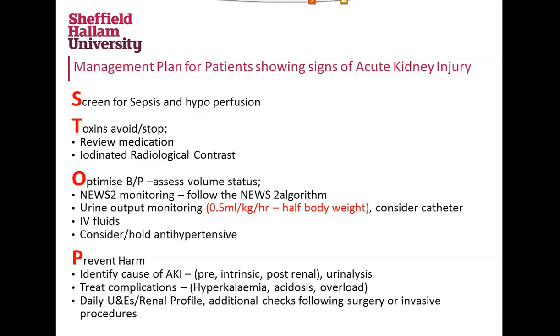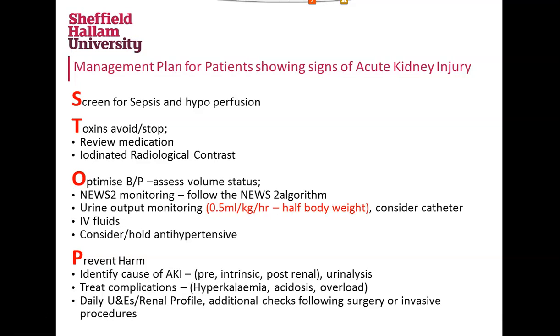The caveat to that is whether the patient's got a degree of heart failure, which might affect whether you can do that as promptly as you might want to. But certainly it's not just increasing the maintenance fluids, it's generally trying to replace the lost volume. And you're going to consider withholding antihypertensive medication, so we're not pushing that blood pressure down when actually we want it to be coming up to help us reperfuse the kidney.